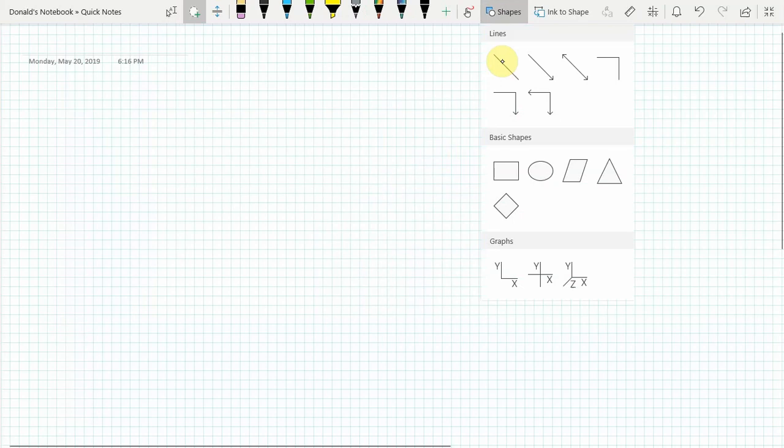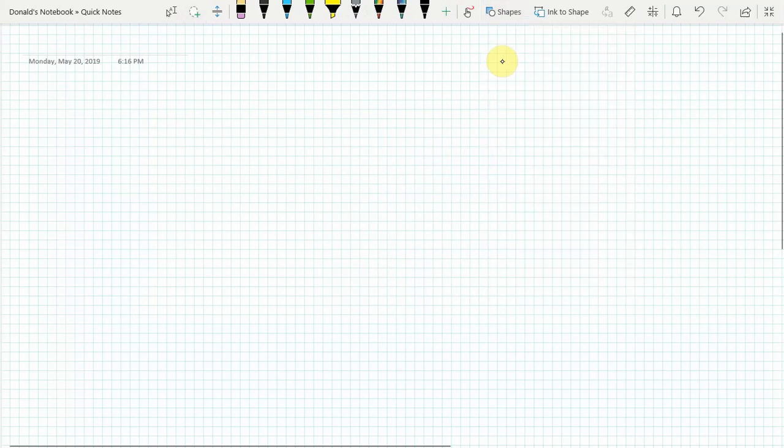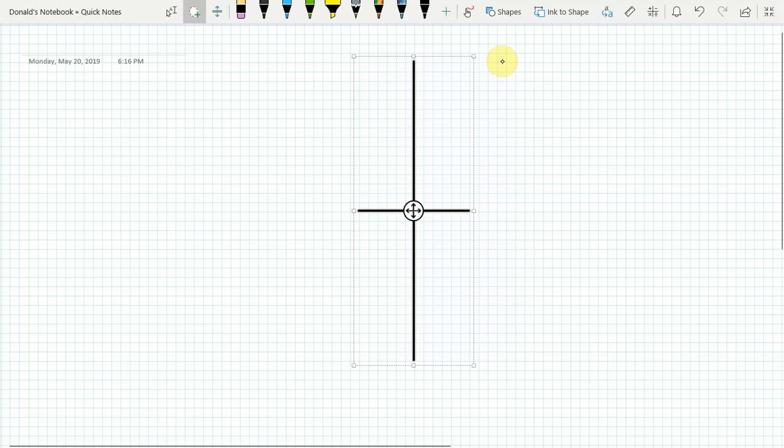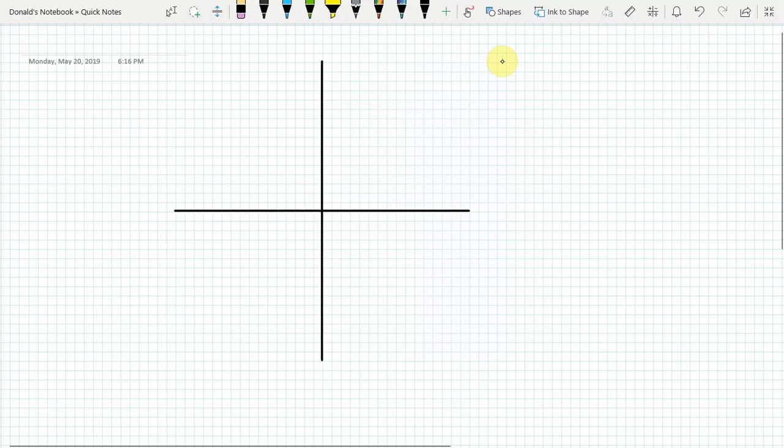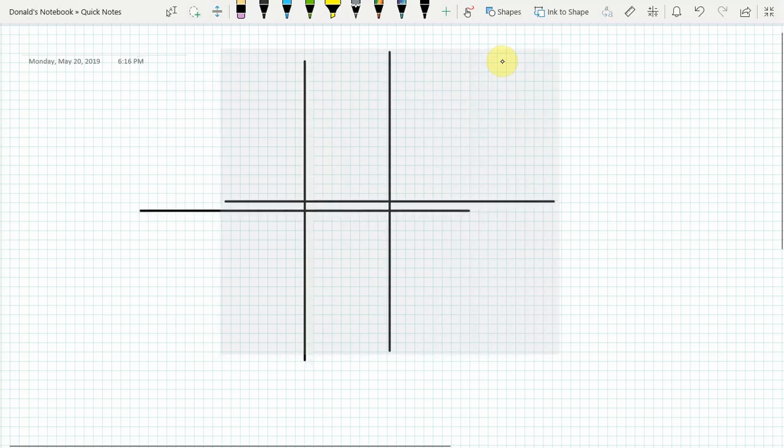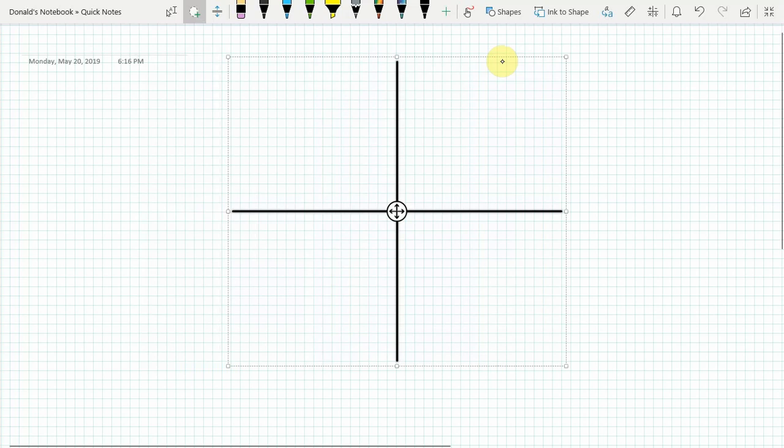Get some shapes going. So I have an axis, and then I'm going to use the very same thing. I've got it pretty close along those coordinates. So each one of these would be 1, 2, 3, 4, 5.